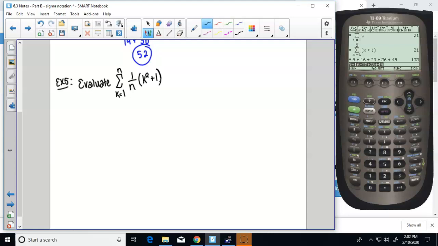So we've got the sum from 1 to n of 1 over n times k squared plus 1. So k is our index of summation. We're going to start at 1. We're going to go to n, which we kind of can't do.